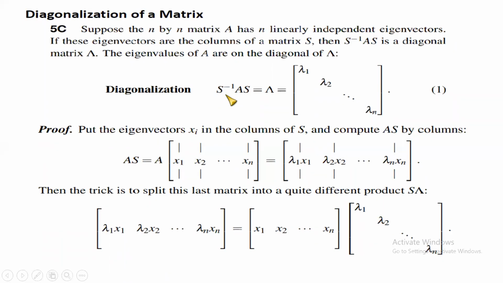When I write this, I can break it down into two parts: x1, x2, xn, which is your S matrix, and the lambda matrix. So it is breaking down into S and the lambda matrix, and the S matrix again consists of the eigenvectors.